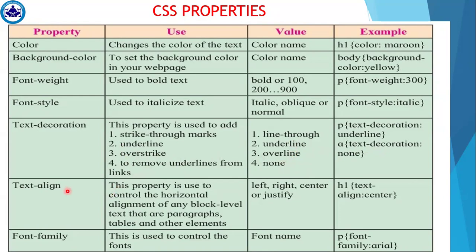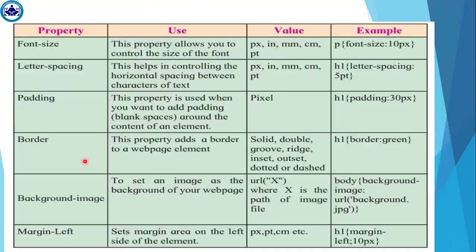If we want to change the alignment to left, right, center or justify, we can use the text-align property. If we want to change the family of a font, that is Arial, Times New Roman, Courier New and many more, we can use the property font-family.